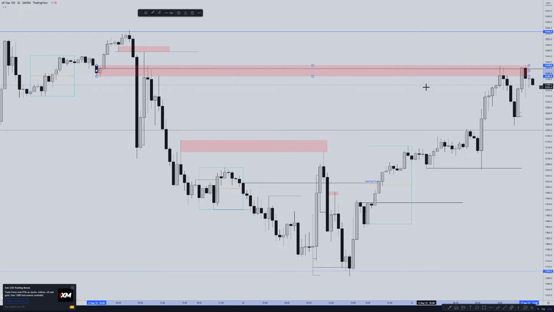I don't know how many times market has to come to this zone, but as long as they think they still have orders, they will come back for it. So market comes and fills that area. I can say also this one with this wick, but depending on how big your capital is, you can use that one.